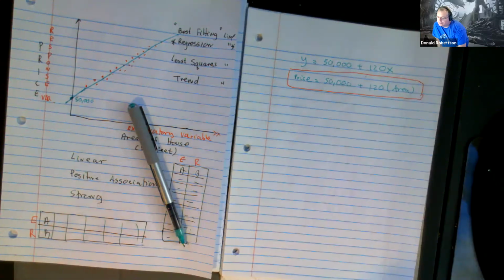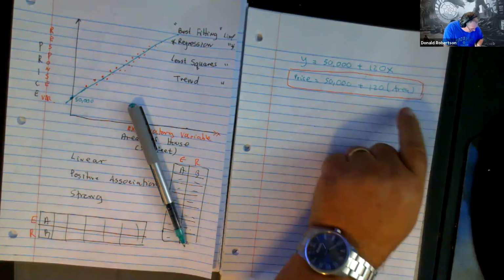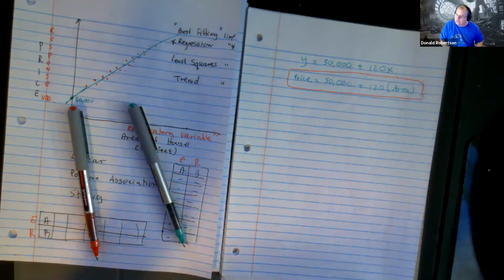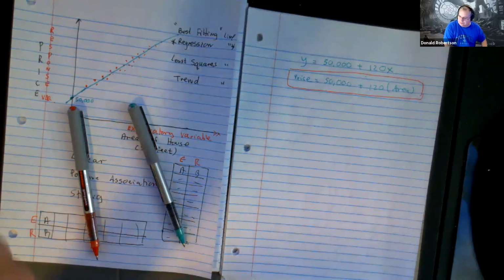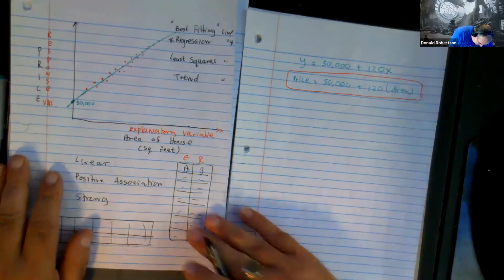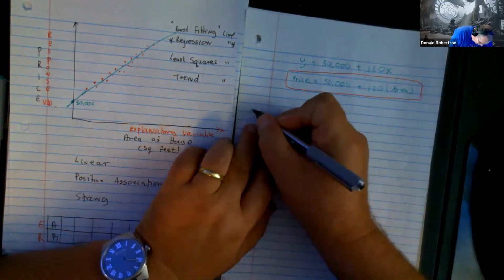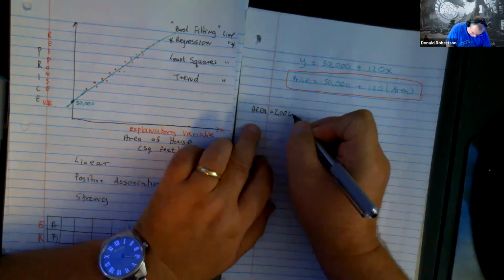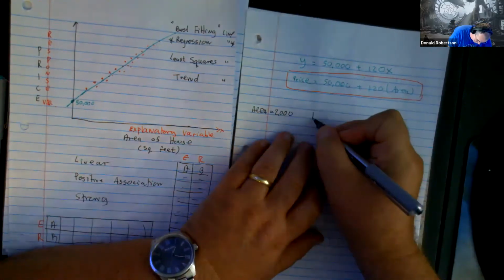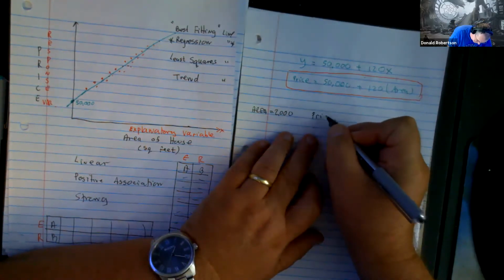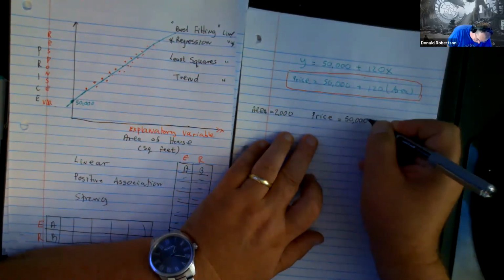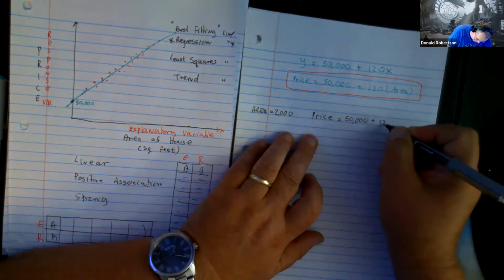Are we cool? Now, if I gave you that formula, couldn't I then use it to predict what a 2,000 square foot house would cost? Well, let's see what that would be. If you tell me that you've got a house and you want to sell it and it's 2,000 square feet, then you should be able to do the predicted price, and it's going to be 50,000 plus 120 times the area.